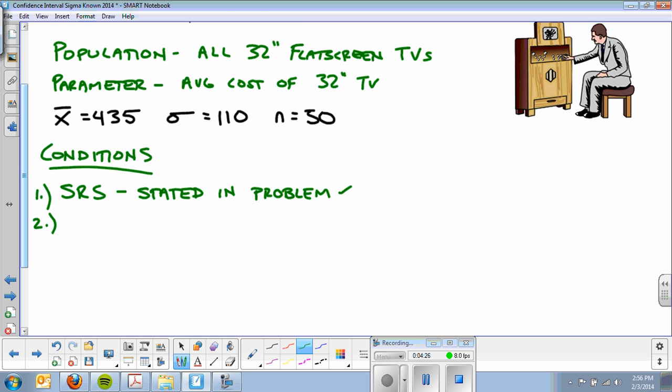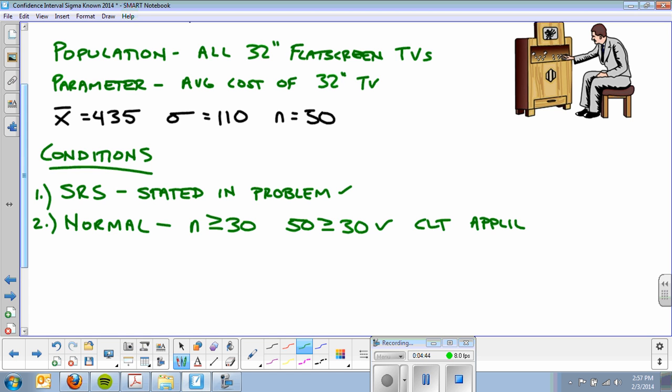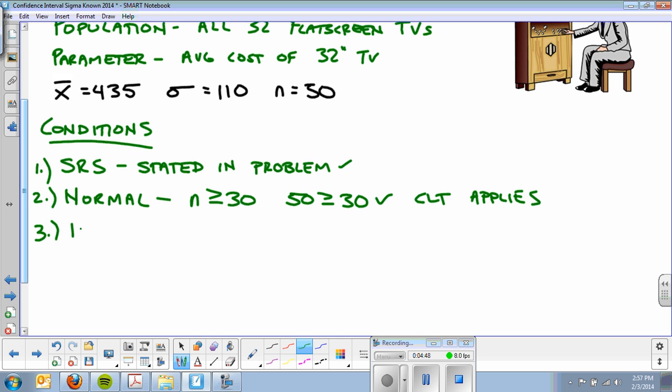Number 2, either the population is approximately normal, or n is greater than or equal to 30. And in this case, 50 is greater than or equal to 30, so the central limit theorem applies, and I can use my normal calculations. The last one is independence. And this is basically saying that one TV is independent of the next.